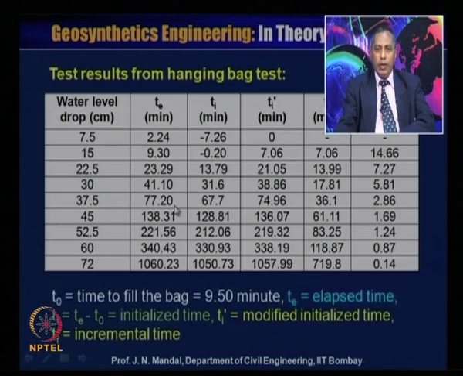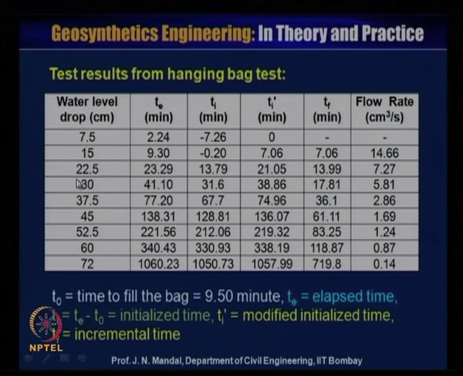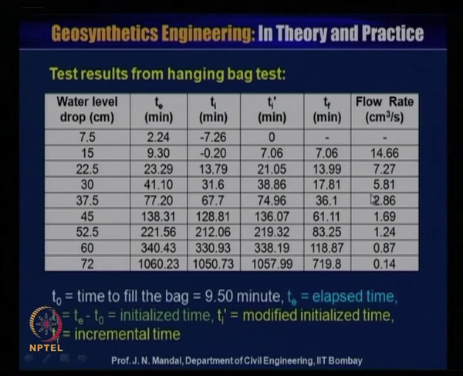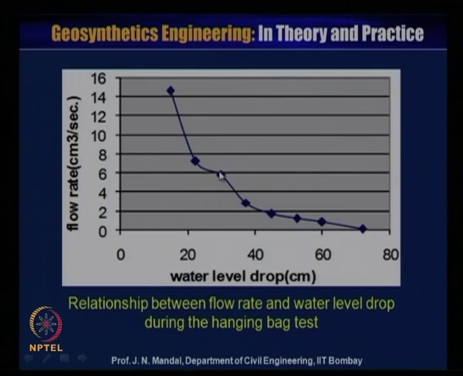Like that, you can substitute this value for the water level drop 22.5, then your flow rate is 7.27, and you will get this point. Then again for 5.81, that is at a 30 water drop, you can see water drop about 30.